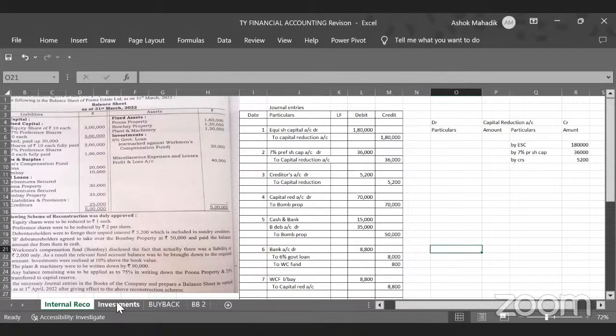But in the final accounts, let me tell you a couple of things which you should read thoroughly, like contingent liability, purchase methods of purchase consideration, bifurcation of fixed assets. Okay, that's it, students.